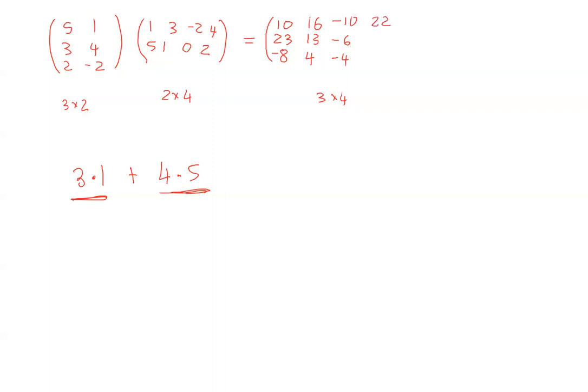And then 3 times 4 is 12, plus 4 times 2, 8, is 20. And finally, 2 times 4 is 8, minus 4, that's 4. And that's it. That's the product of the two matrices. As you can see, I chose as elaborate of an example as I could.